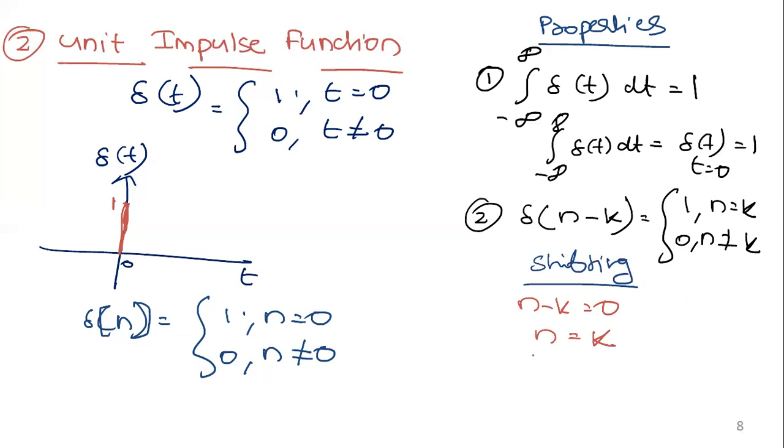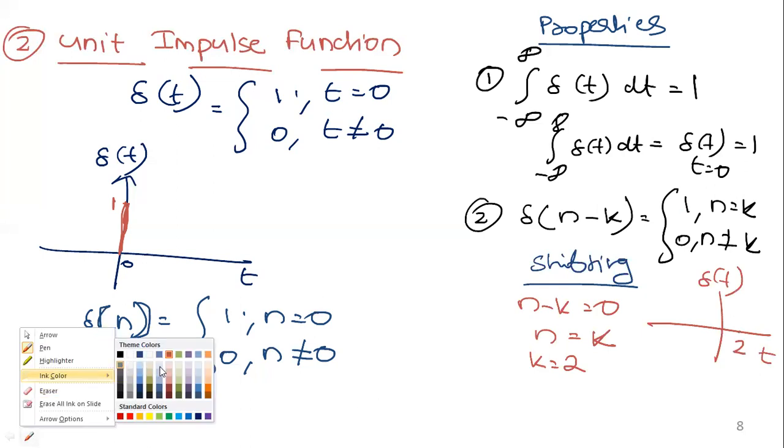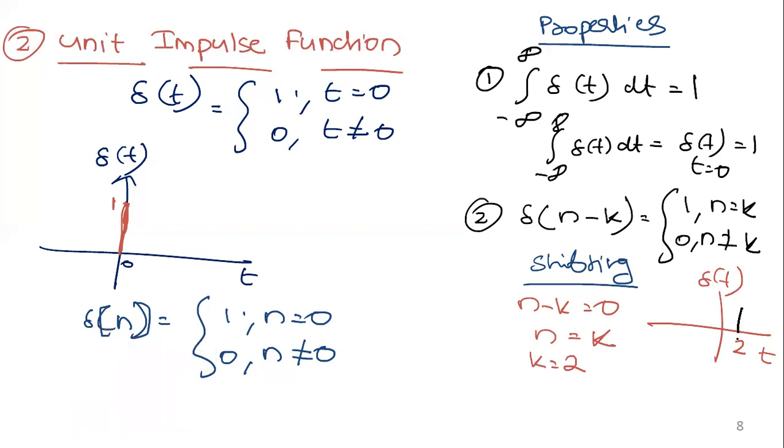For example, if k is equal to 2, then the impulse function will have magnitude equal to 1 at n equal to 2 if it's a unit impulse function, and everywhere else it will be equal to 0. That is all about shifting.